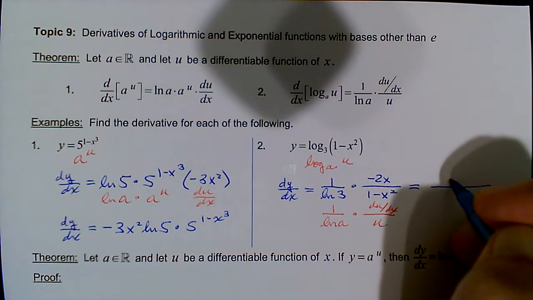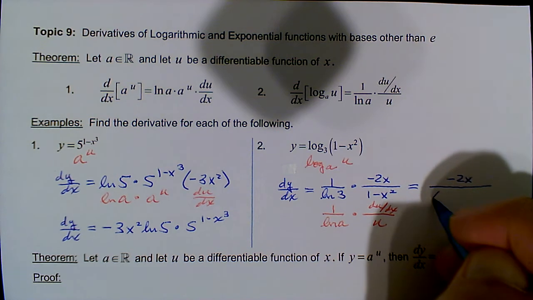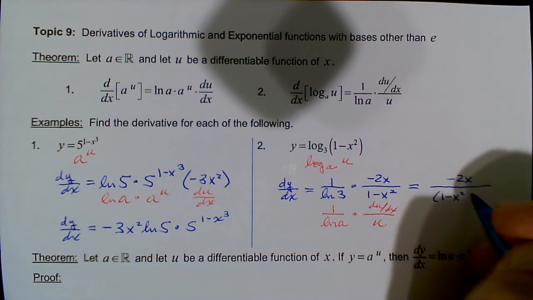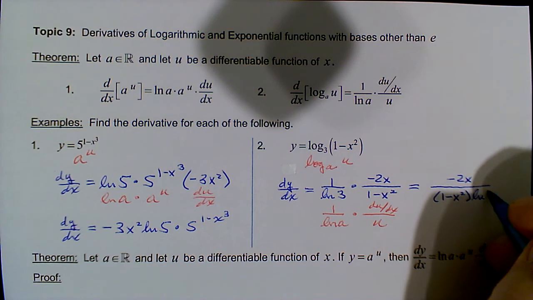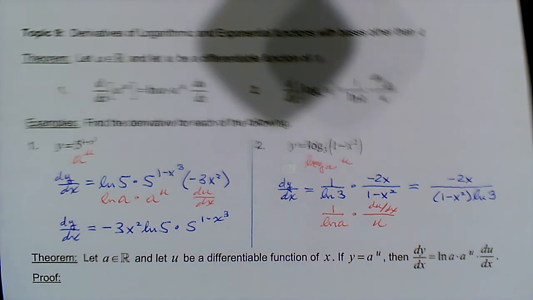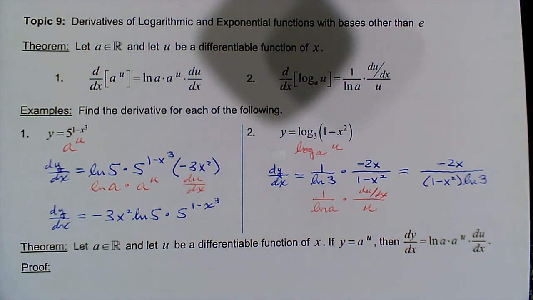Make it a single fraction where it is minus 2x, and it would be important to bring the 1 minus x squared out in front of the natural log of 3. Because if you wrote it in the opposite order, then it would be misconstrued as to what the argument of the log is. And the only argument of the natural log there is the number 3.